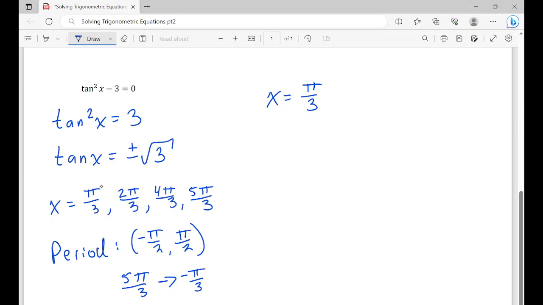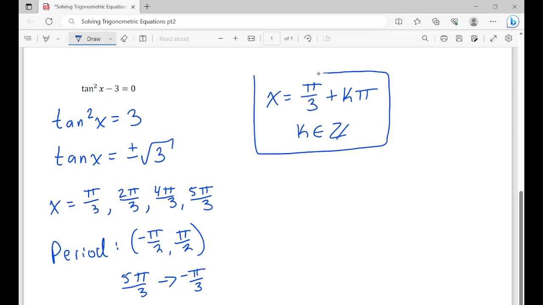So it can bounce back and forth between these two values on the unit circle. So I don't need to add 2 pi. I can add k pi, where k is an integer. And this would be the general solution for this one, using pi over 3.